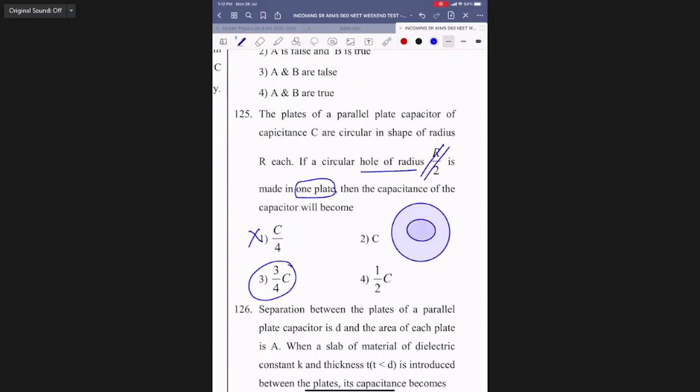Then this part is inactive and this will be active. Then 3 by 4 area only, na. Got it? Understood? So there will be a key correction for this one.